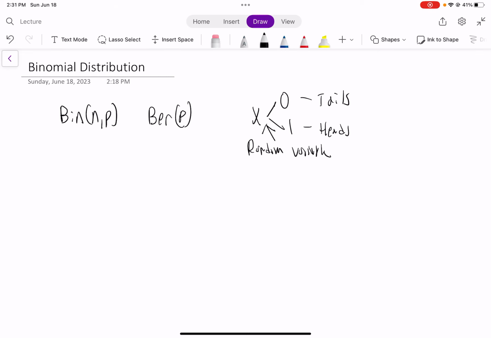And we'll talk about the assumptions of the binomial in a second. But intuitively, how would you think this probability mass function should look? So Bernoulli, what should it look like? Well, what is the probability of getting heads?